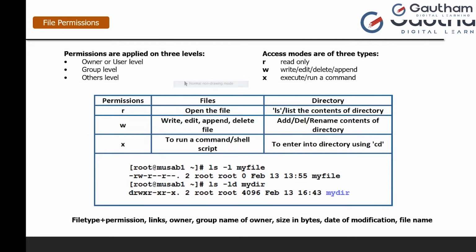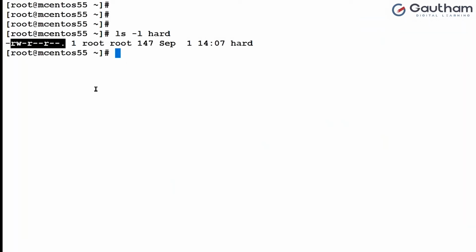Now, how do we identify what permissions are assigned? In this case, you see there are three sets of permissions. The first set, the first three permissions, belongs to the user or the owner, which is root.